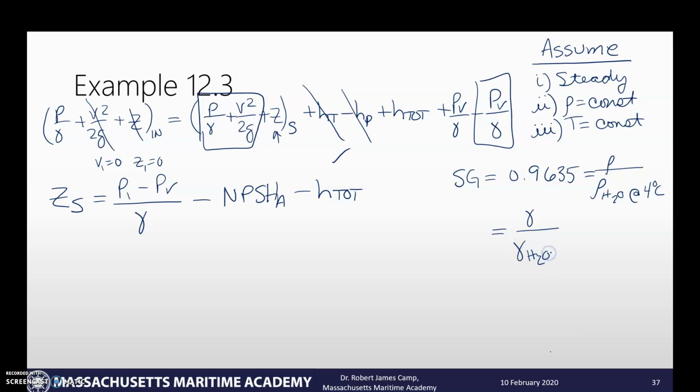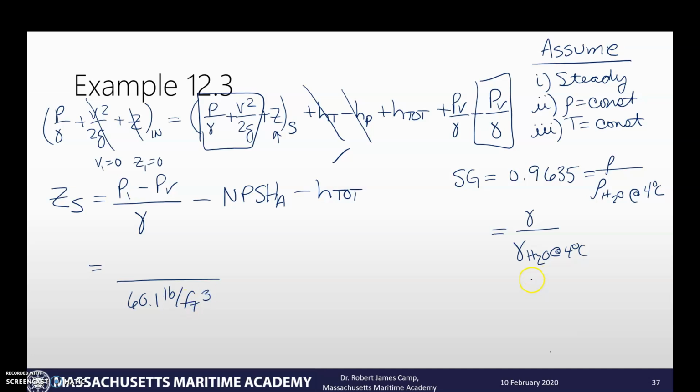So it's also equal to the specific weight of water at 4 degrees C. If we calculate that out, that gives us 60.1 pounds per foot cubed.